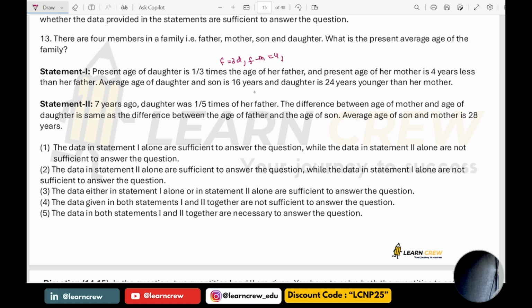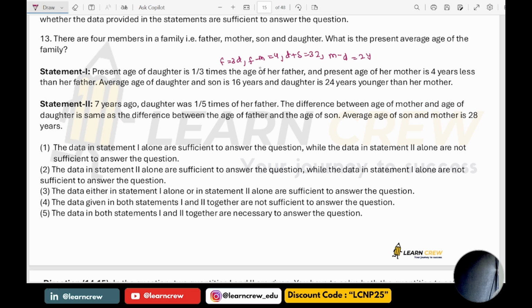It is also given that the average age of daughter and son is 16, so the sum is 32. We also have that the daughter is 24 years younger than the mother, so M minus D is equal to 24. So M is equal to D plus 24.